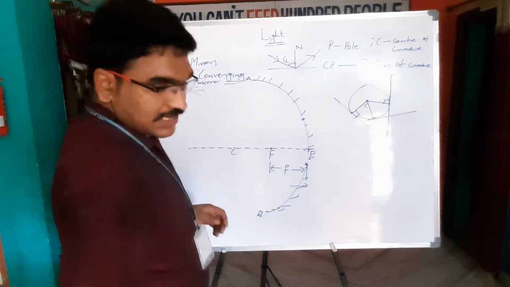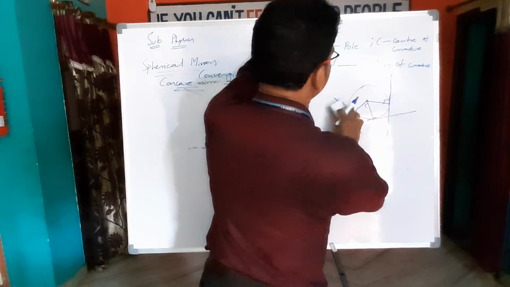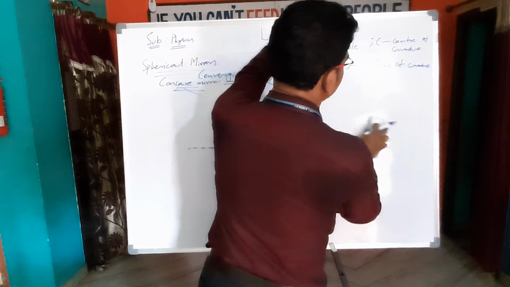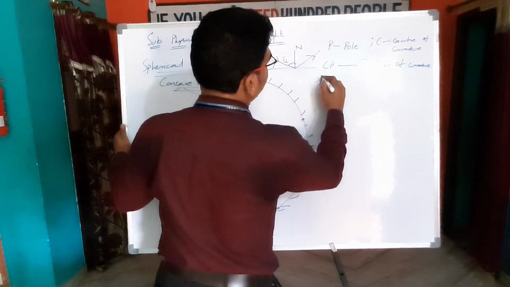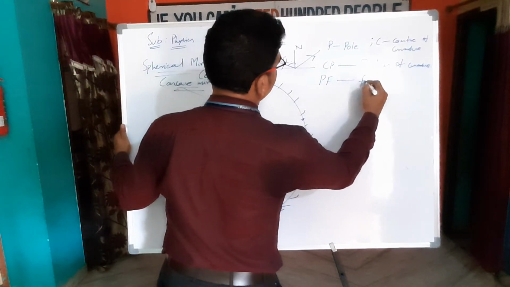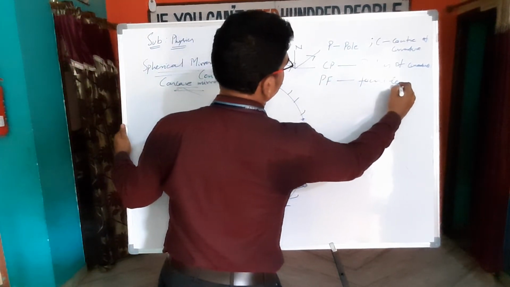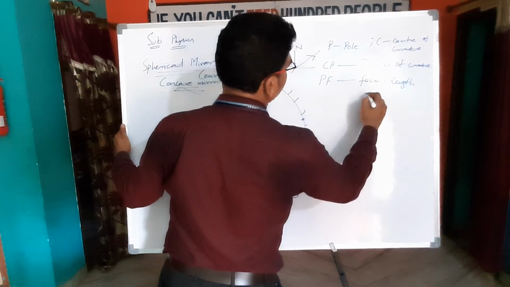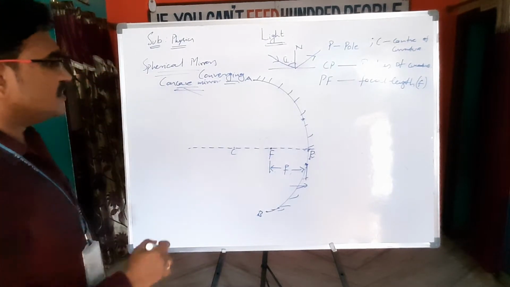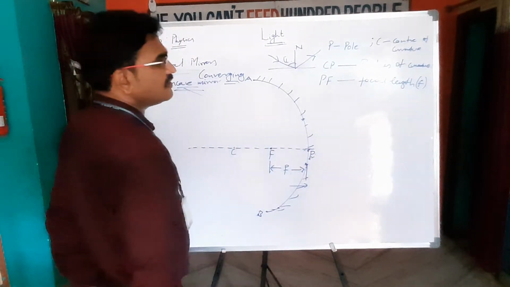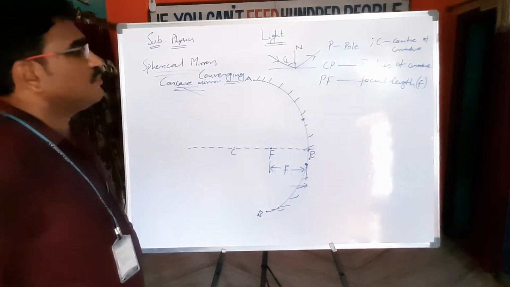So I can say here PF is the focal length, denoted by the letter small f.